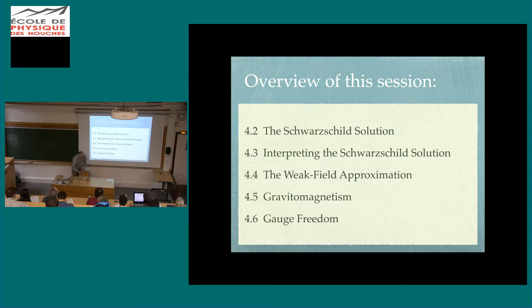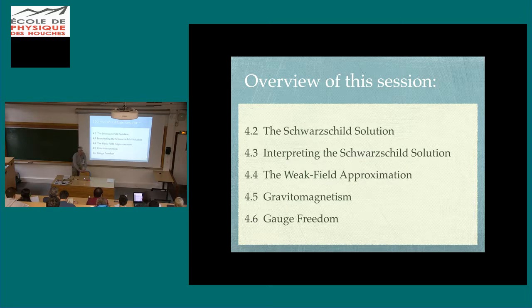So we'll do the Schwarzschild solution. And I want to spend a little time, I'm trying to decide exactly how much, on interpreting the Schwarzschild solution because it's a good lesson that coordinate names actually mean nothing. So I want to work on that.